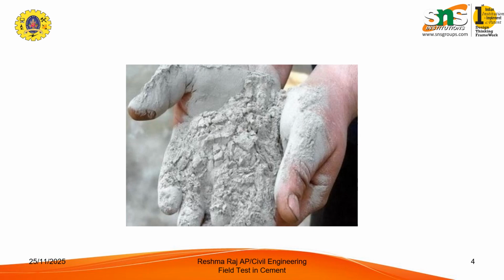If the particles are very fine, it gives us a smooth feeling when we touch the cement. It's a powdery thing, so it feels very smooth.